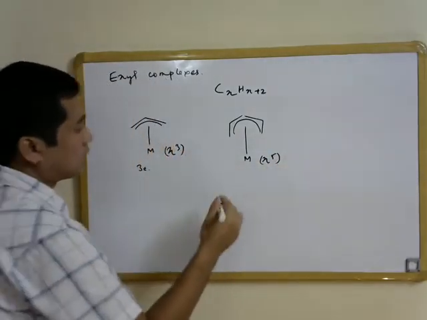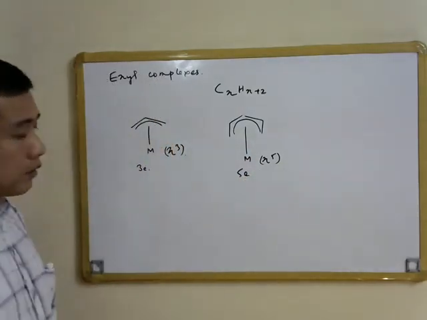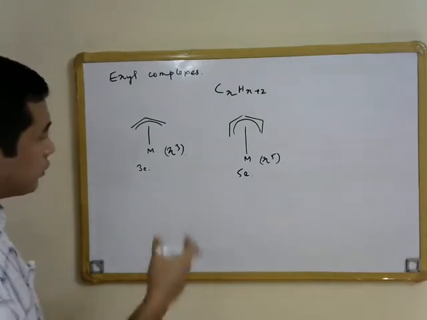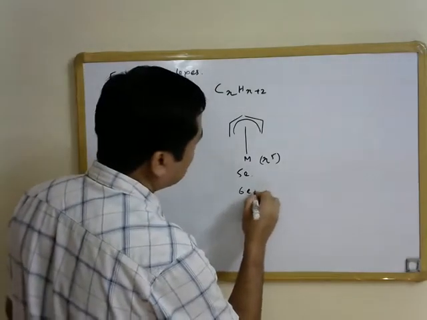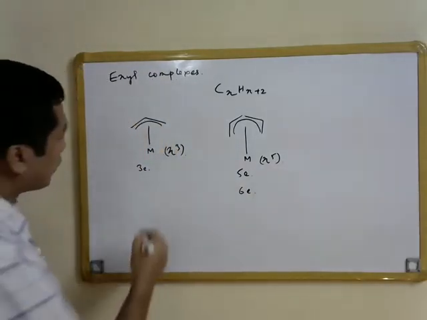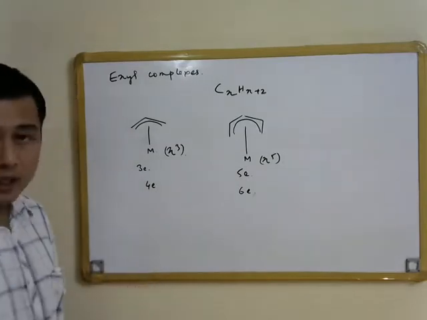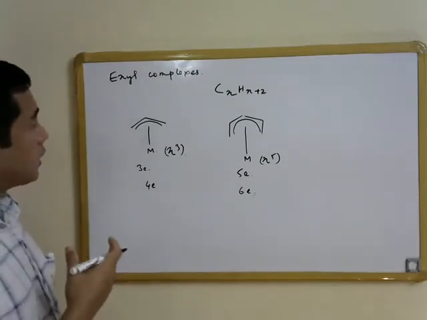If we consider it to be a neutral ligand, then it is a 5 electron donor, and if we consider it to be an anionic ligand, then it is a 6 electron donor. Similarly, the allyl ligand will be a 4 electron donor if we consider the ligand to be anionic. So these are the enyl ligands.